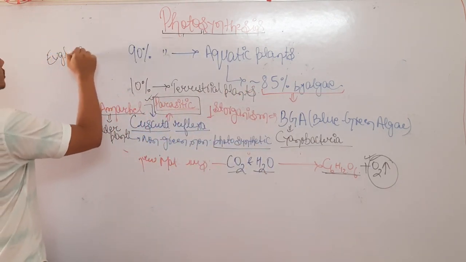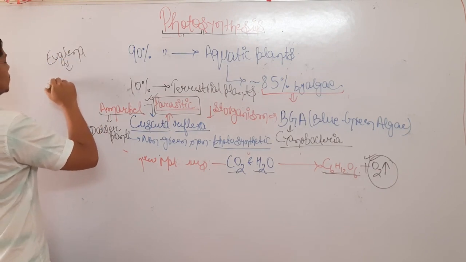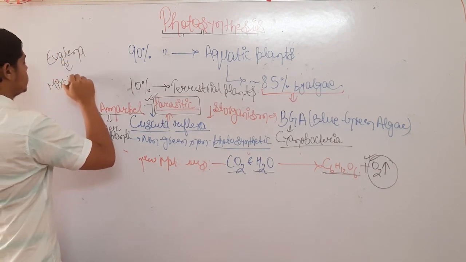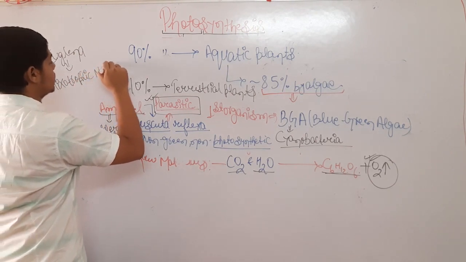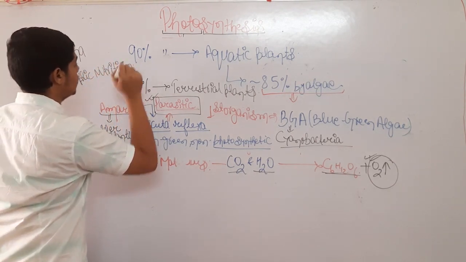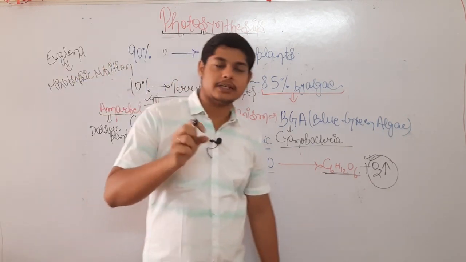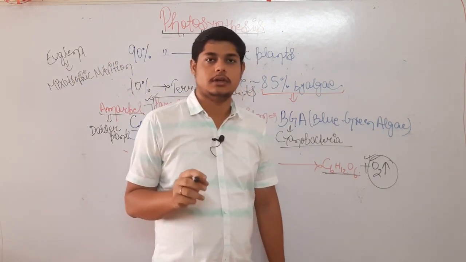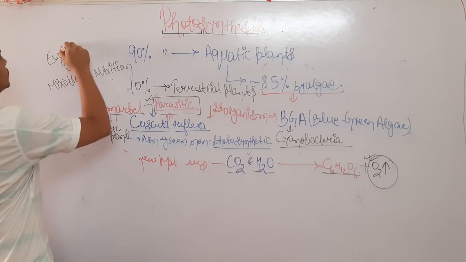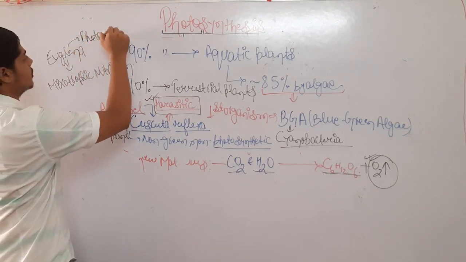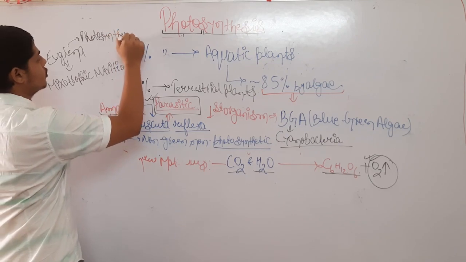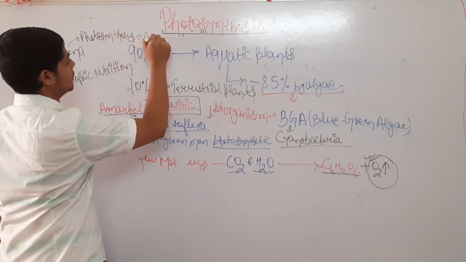Euglena shows mixotrophic nutrition, that is, when light is present, it will perform photosynthesis, so autotrophic.